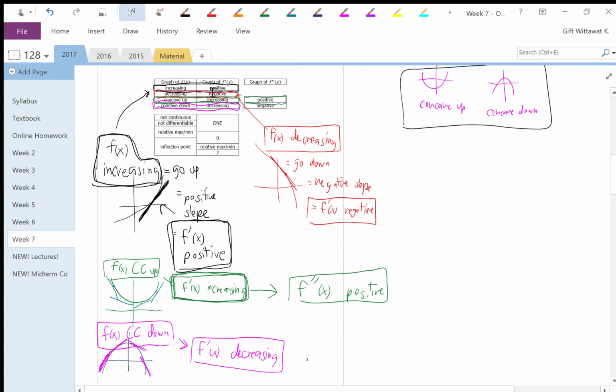So that means when the function is concave up, the derivative is going to be increasing and the second derivative is going to be positive. So these three are the same thing. And the same holds in the other case as well. If my function is decreasing, then my second derivative is going to be negative.